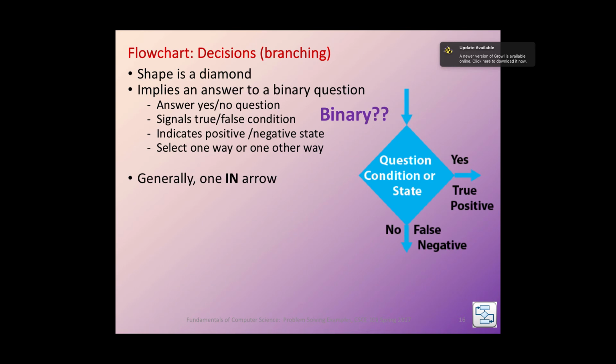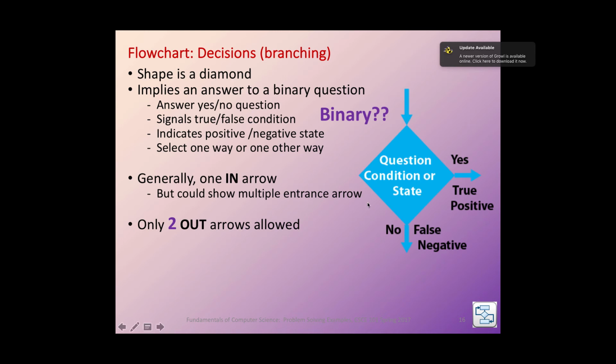Okay? Generally, again, only one in arrow, although you can have multiple in arrows, and you can have two out arrows. Okay, this is the only structure where you're allowed to have two out arrows. And you have one for each side of the binary question. If the answer is yes, true, or positive, you go out one way.